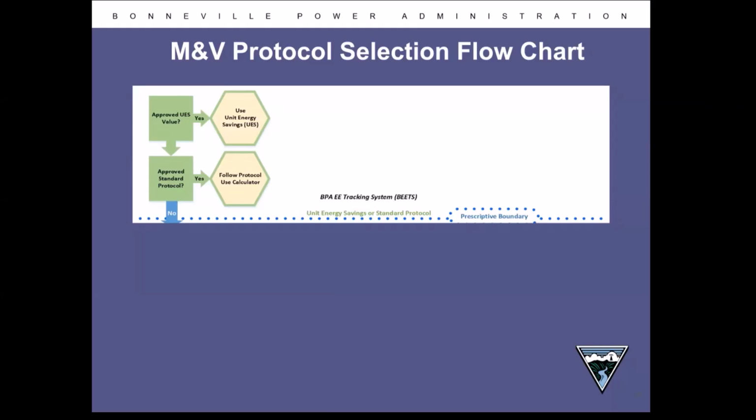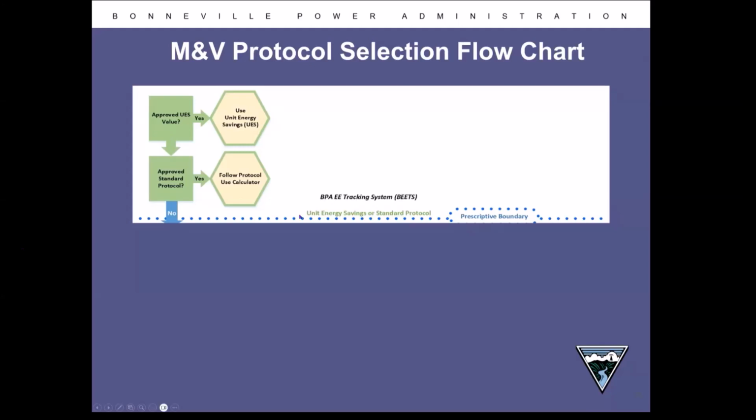So even if it's a SIM project or part of a custom project, if elements of a project fall into these categories, these are applicable to those portions of the project still.